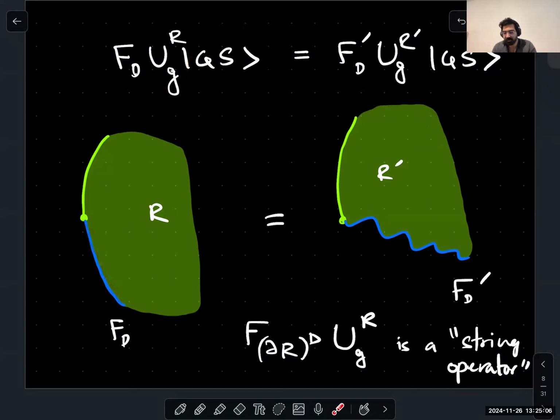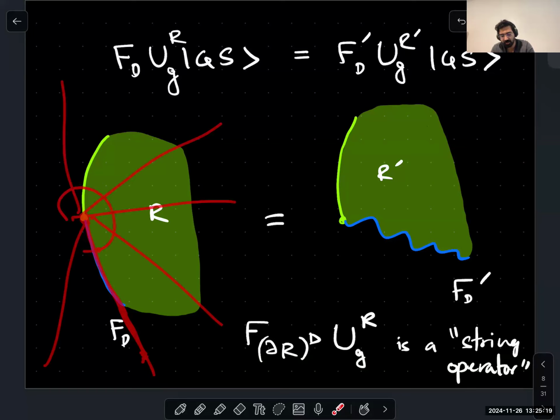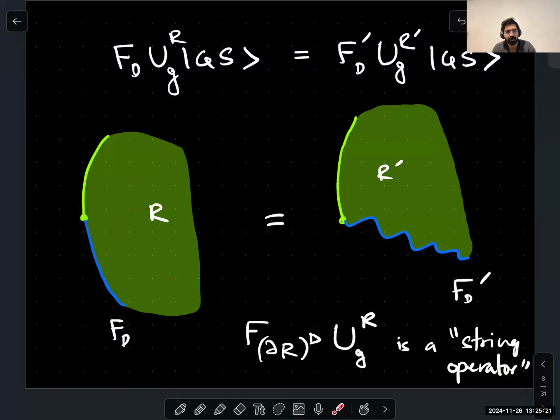So think of it like a string operator: you can freely deform that string operator as much as you want, as long as the endpoint of the string operator stays the same. So the string operator is movable, and this is exactly what you're seeing over here.